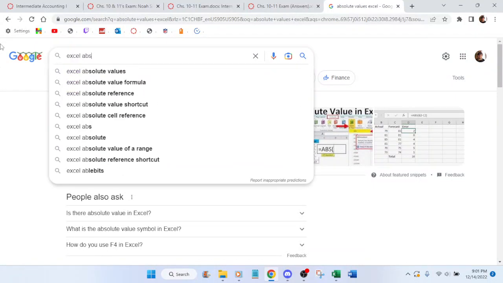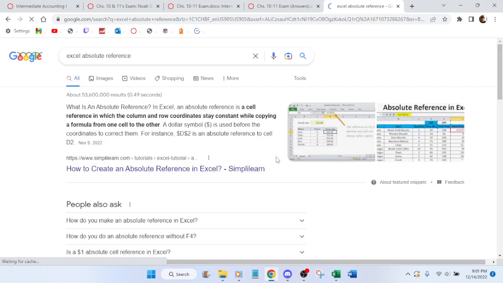Excel absolute reference, not absolute value.